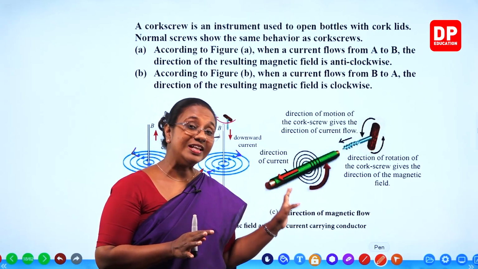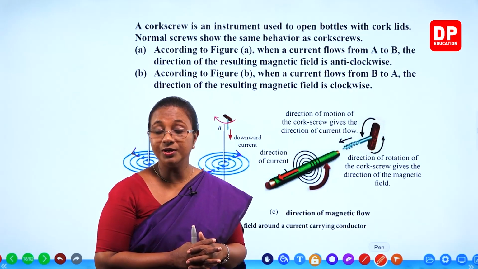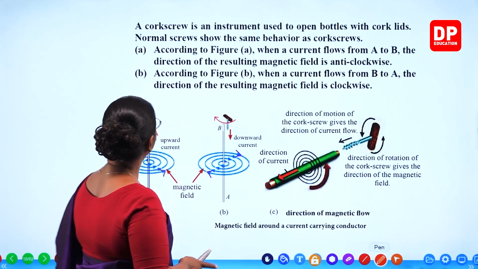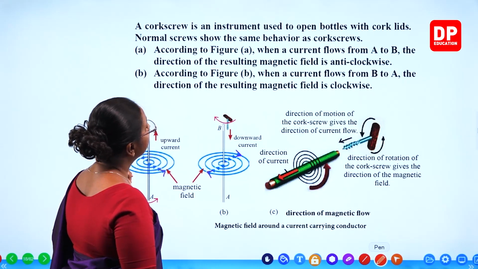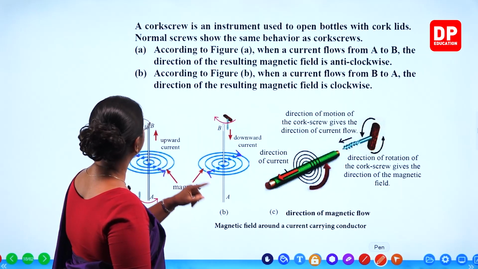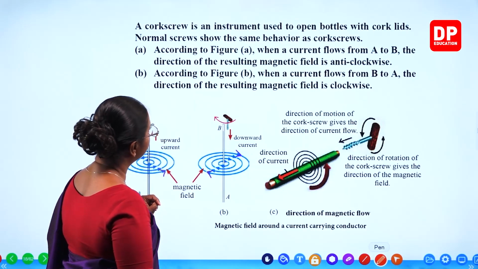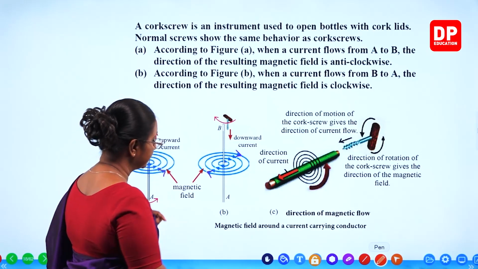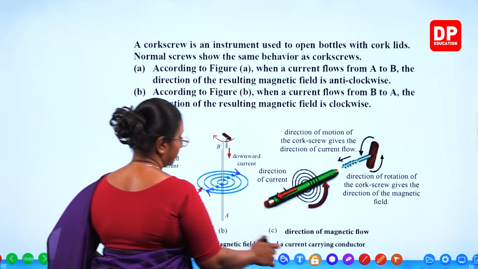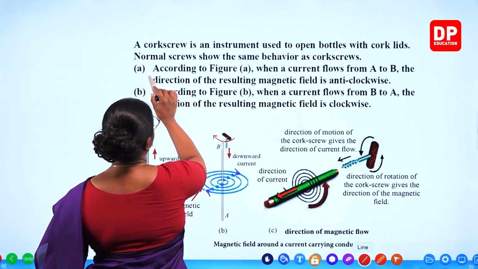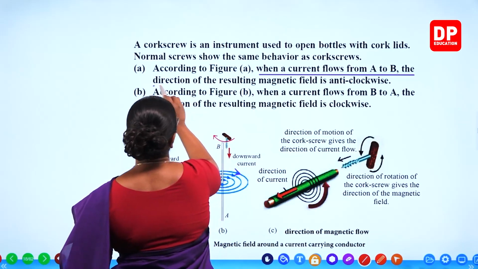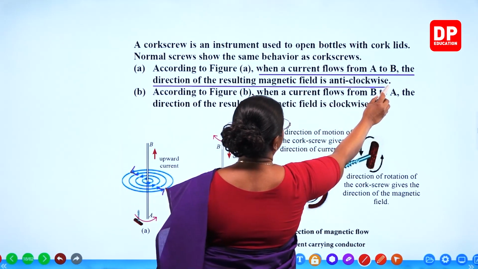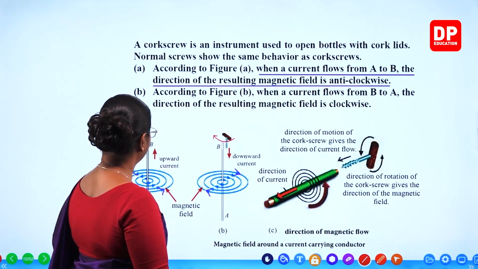I'm sure with the activity you all got a good understanding. So here, A. According to figure A, when a current flows from A to B, the direction of the resulting magnetic field is anti-clockwise.